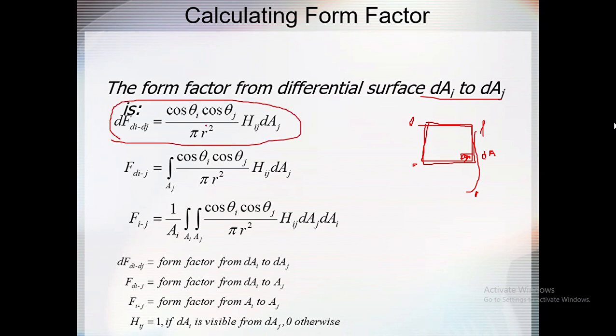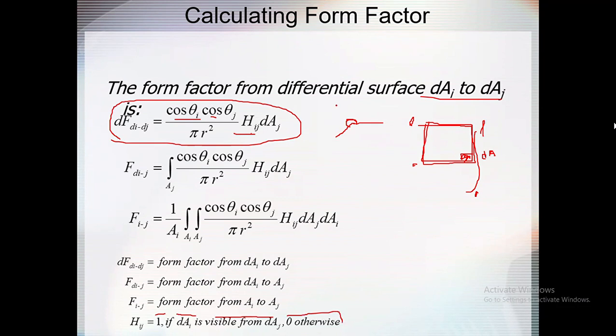with that equation. Where do we get that cos theta? Because each surface has an angle between them. Now, what is H? The new thing, H is 1 if dA_i is visible from dA_j, otherwise 0.